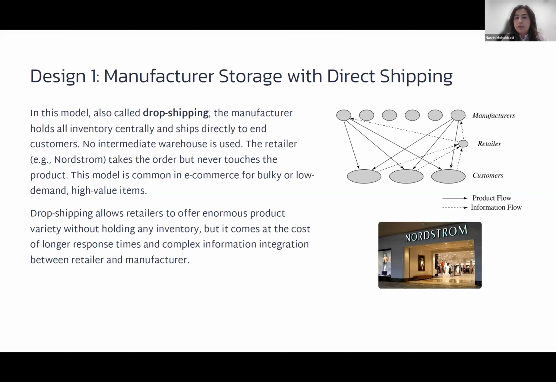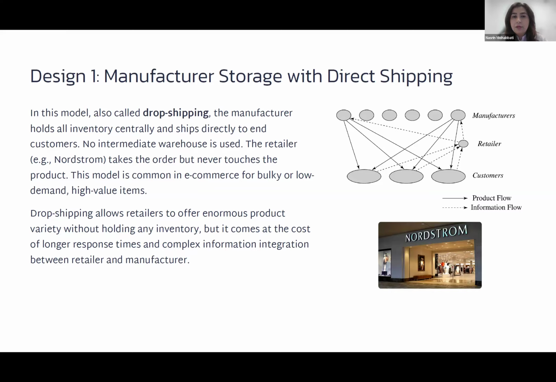So customers place an order, and this information goes to the retail stores. And then retail stores communicate the customer request with the manufacturers, and then the manufacturer is going to directly send customers the products. So a retail store here is just a communicator of customer order.